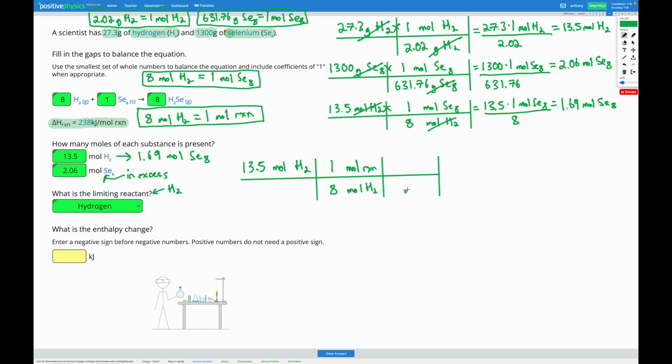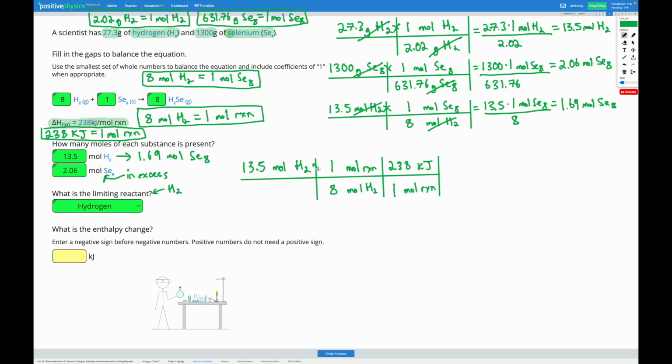Finally, we're going to need to convert from moles of reaction into kilojoules of energy. And we're given the enthalpy change of reaction here, which tells us that 238 kilojoules is the energy change for 1 mole of reaction. So that is going to be our conversion factor for this last step: 1 mole of reaction is 238 kilojoules of energy change.